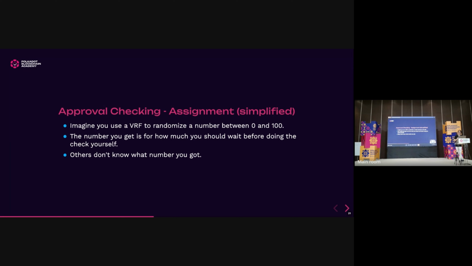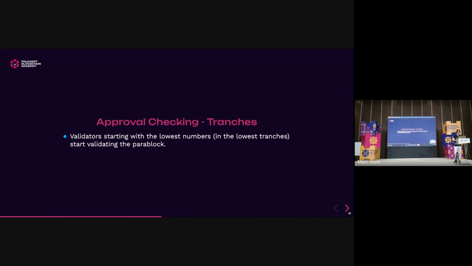So if we would actually look at the VRFs, everyone is running the VRF, everyone is getting this random number. The idea is that first, the lowest numbers will be the ones starting the checking first. We say that they are in the lowest tranches of the checkers.